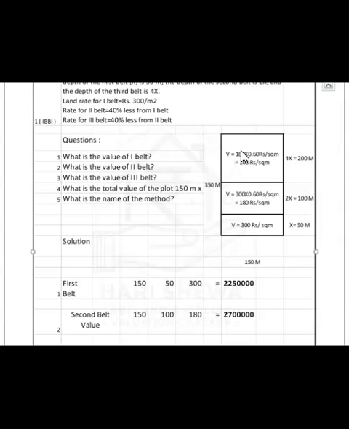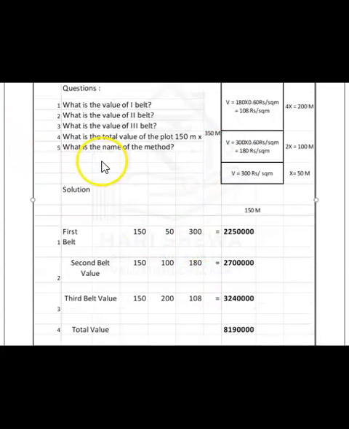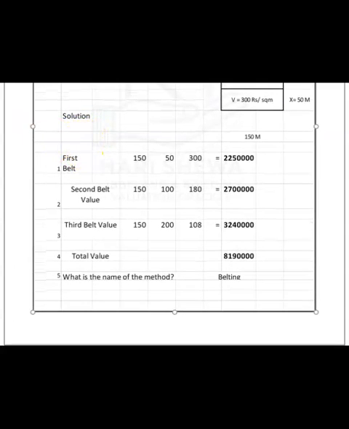Third belt rate is 40% less from the second belt. 180, 40% less, that will come 108. So third belt 108, area is 150 into 200, 32 lakhs 40,000. The total value of the plot will come 81 lakhs 90,000. Last question, what is the name of this method? This is the belting method.